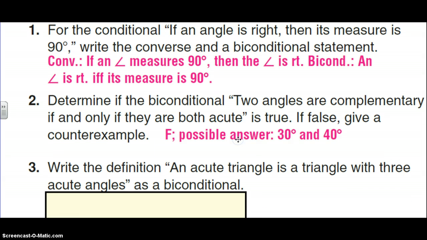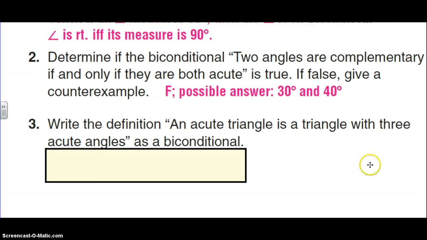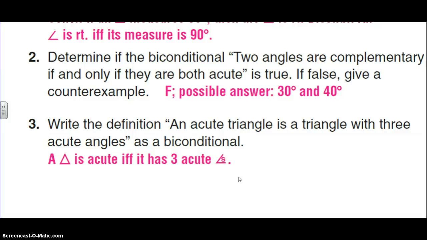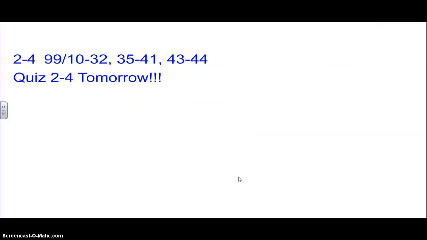And we can say that this is false. A possible counterexample would be 30 and 40 degrees. Okay? And finally, write the definition here. Is a biconditional, so we can say a triangle is acute if and only if it has 3 acute angles. Very good. And quiz next class, I should say, right?